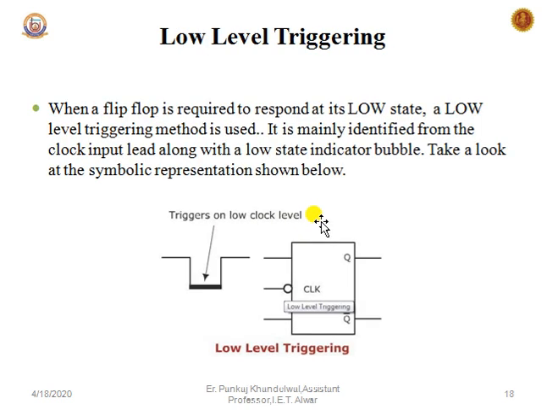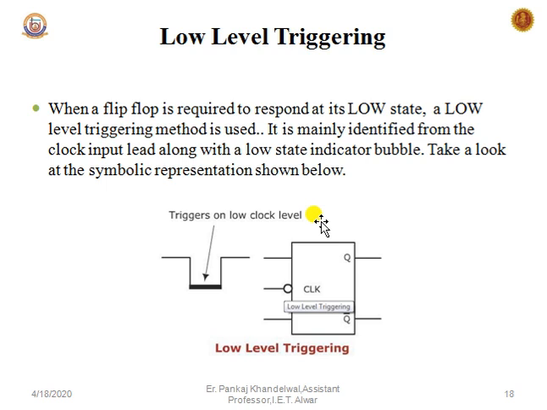Low level triggering. When a flip-flop is required to respond at its low state, a low level triggering method is used. It is mainly identified from the clock input lead along with a low state indicator bubble.